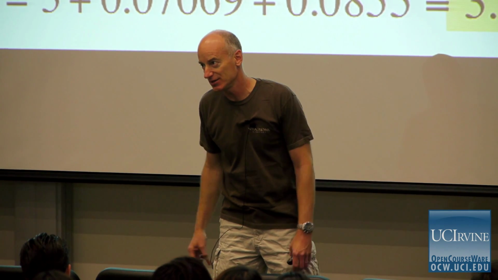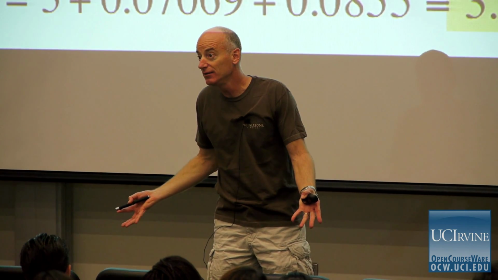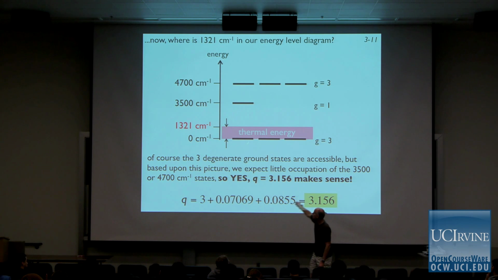N is not the right answer. 2 can't be right. We know there has to be a partition function of at least 3. So look at the answer and ask yourself, we know the answer has to be between 3 and 7. And 3 and a fraction is about what we expect.